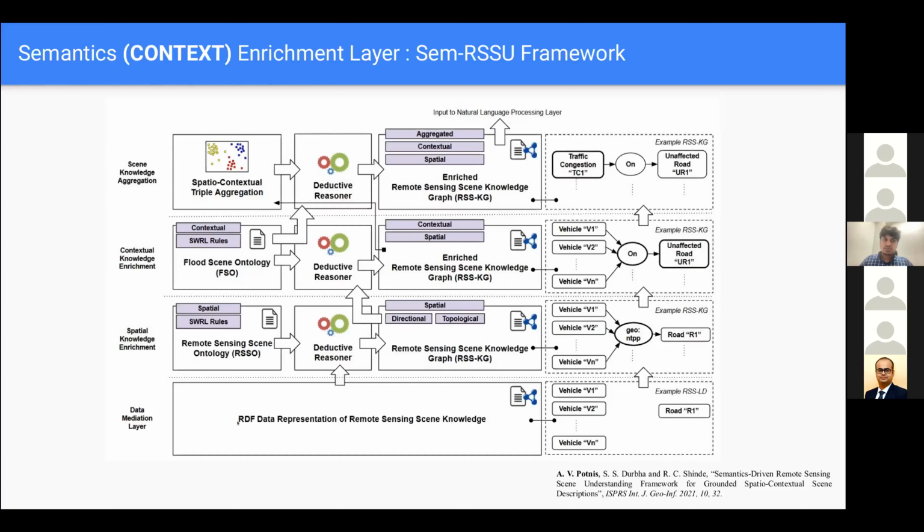So this was formalized through axioms and rules that have been embedded in this ontology. And then comes the deductive reasoner component, which takes as input the unenriched knowledge graph, the example that you can see here. In combination with the remote sensing scene ontology, it tries to enrich the knowledge graph by inferring directional and topological relations between these regions.